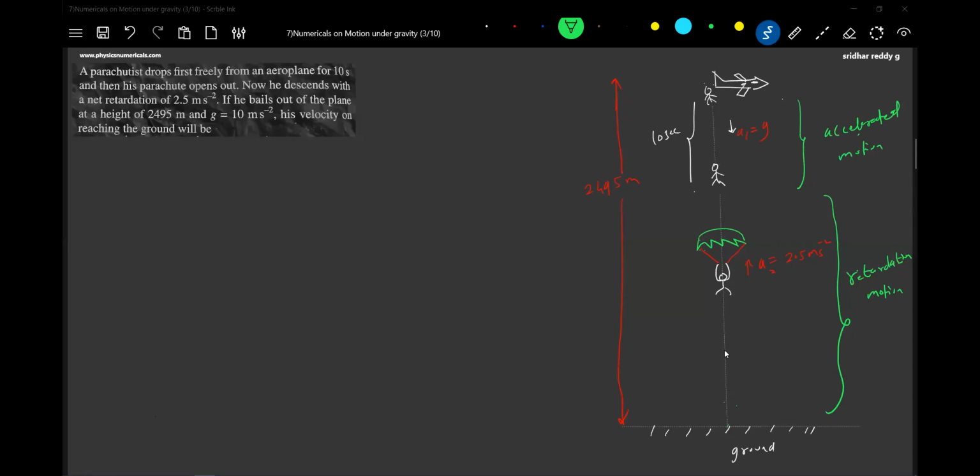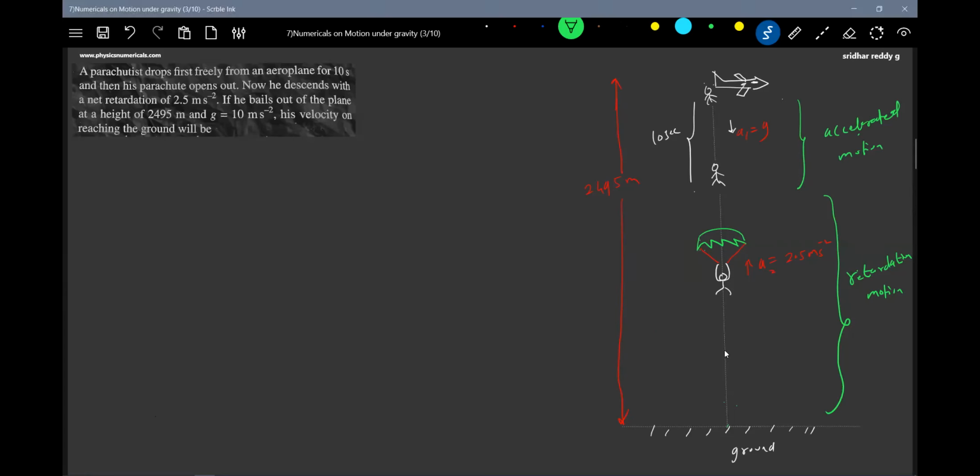So with what speed? Okay, let me continue. I think there was some connectivity problem. The person will come and strike the ground along with the parachute with some velocity.